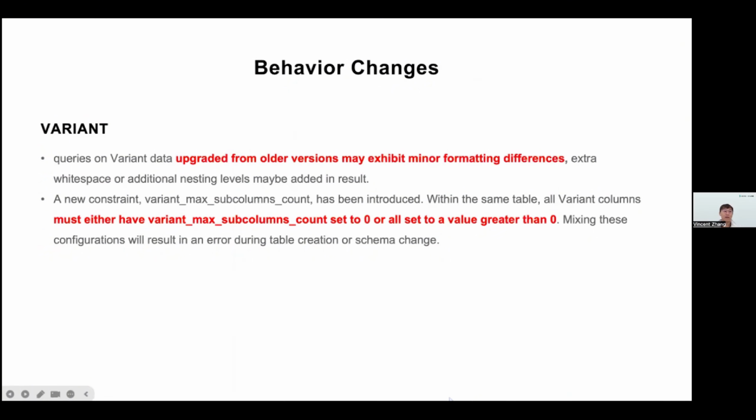And a new constraint, variant max subcolumns count, has been introduced. Within the same table, all variant columns must either have variant max subcolumns count set to 0 or all set to a value greater than 0. Mixing this configuration will result in an error during table creation or schema change.